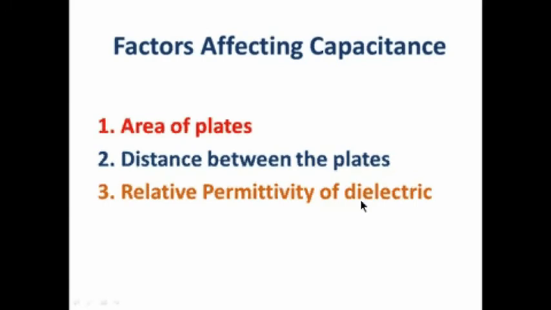Now the dielectric is the insulating material between the two plates. And the relative permittivity means relative to a vacuum. We talk about a vacuum being 1 and all other materials being a factor of that 1. Air is very similar to a vacuum, 1.006, so very close to a vacuum.